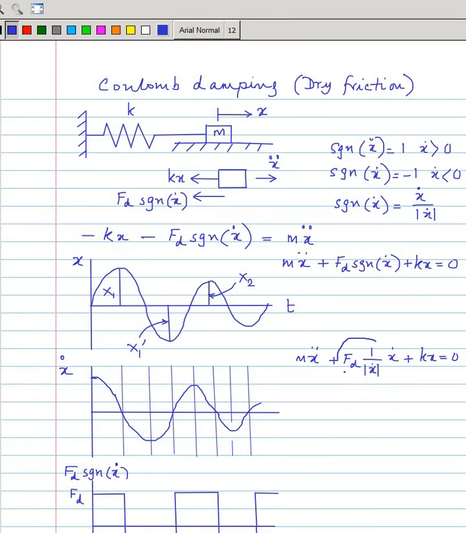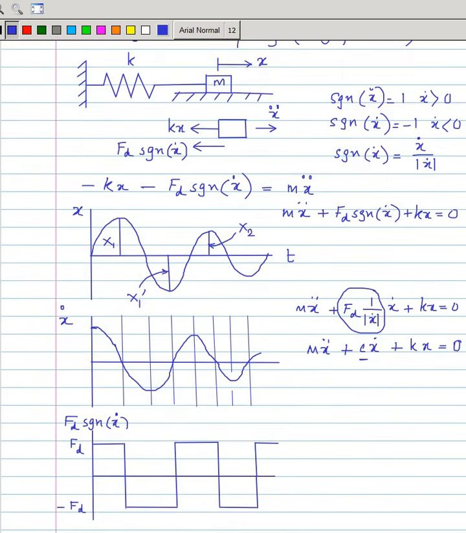If you compare this with m x double dot plus c x dot plus kx equal to 0, you see that c is not a constant here; rather, c is also dependent on x dot. That makes the equation non-linear.